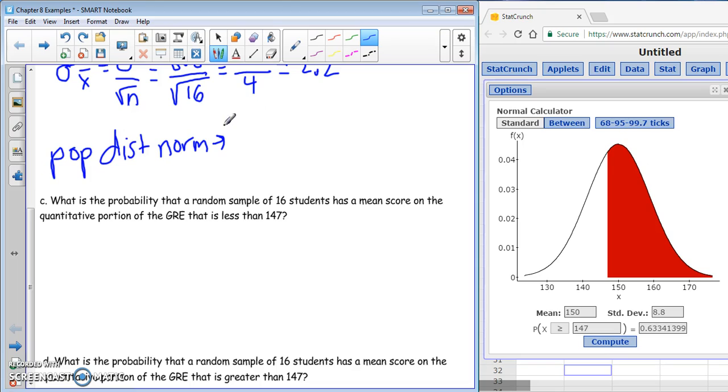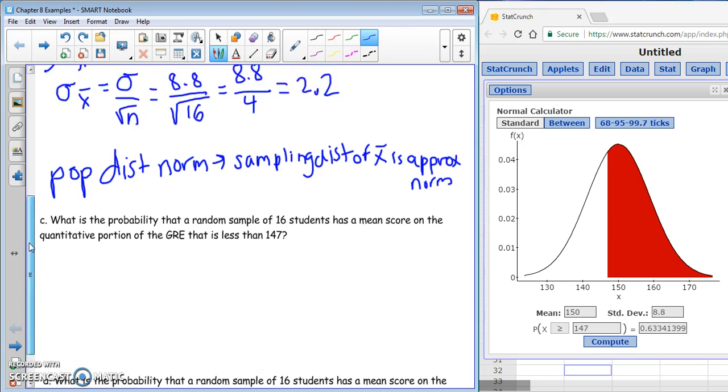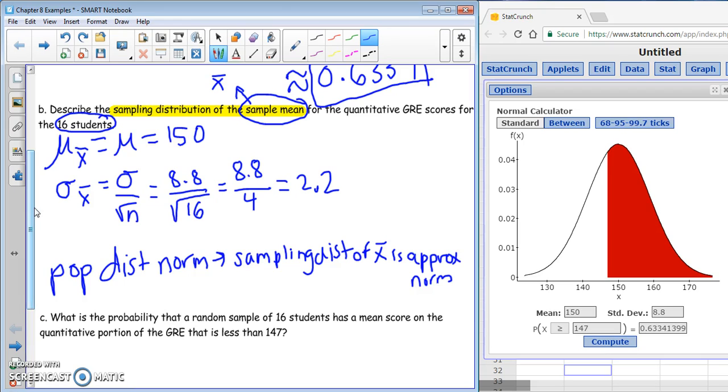So this means that our sampling distribution of x bar is also approximately normal. If it didn't tell us that, then we would make sure our sample size is large enough. In this case it wouldn't be, because it's 16. We want our sample size to be greater than or equal to 30, and that's just a rule of thumb.